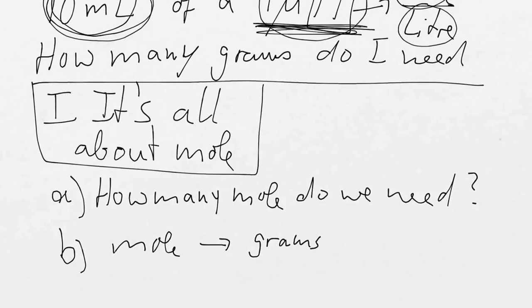So, I better start with another page. A, how many moles? And we said we have 10 milliliter and a 1 micromolar, which is the same as mole per liter solution.